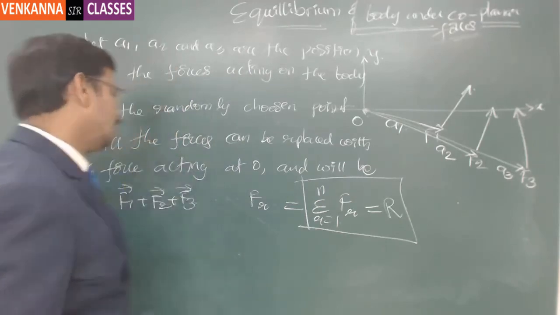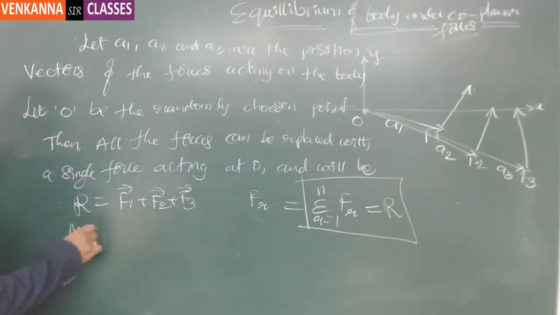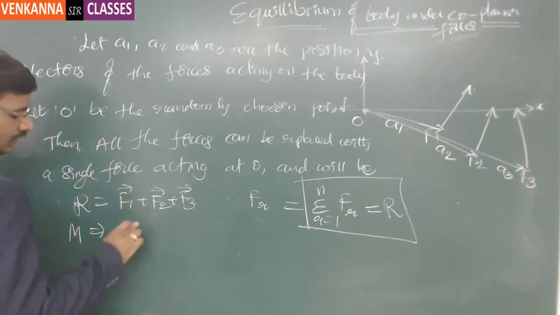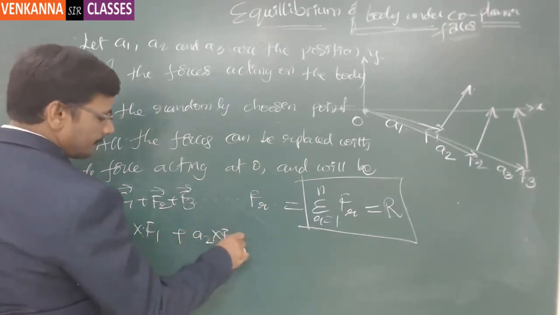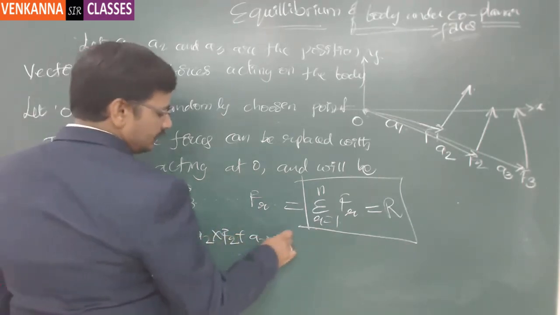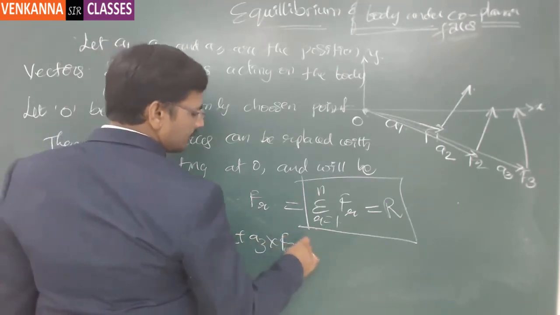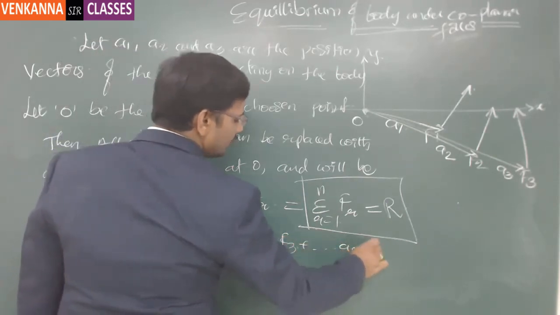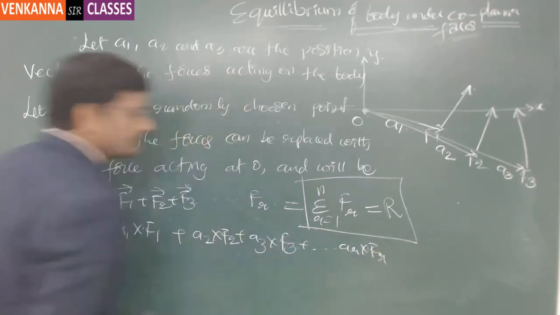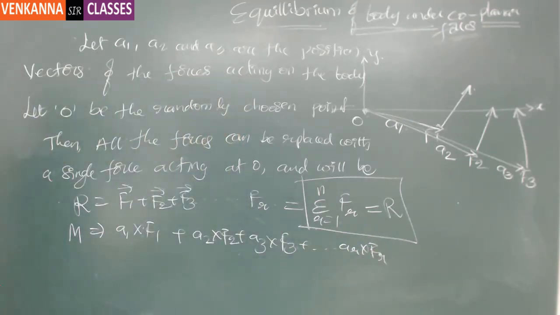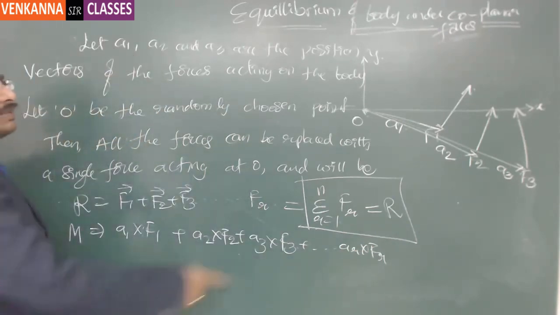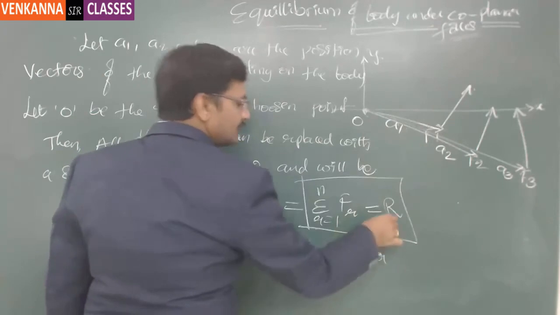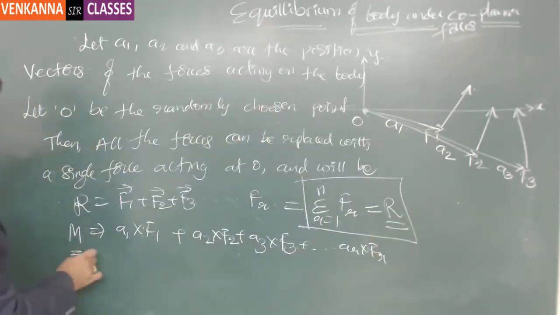So M is equal to A1 cross F1 plus A2 cross F2 plus A3 cross F3 plus and so on up to Ar cross Fr. This is nothing but the resultant moment, the moment of all the forces together, and then this entire system can be replaced with this R and this M. Got it?